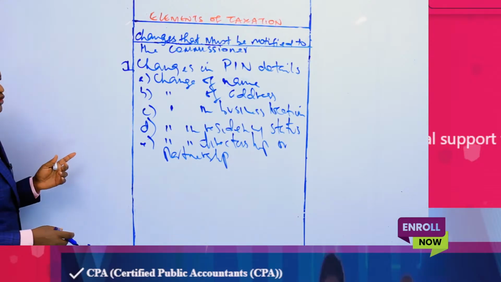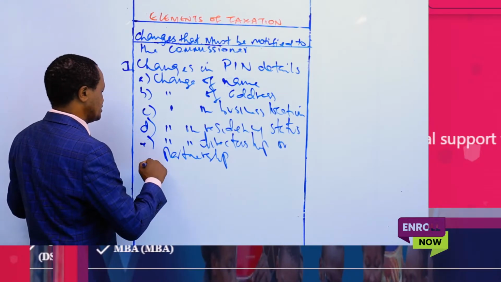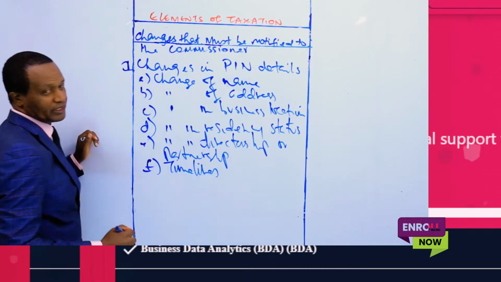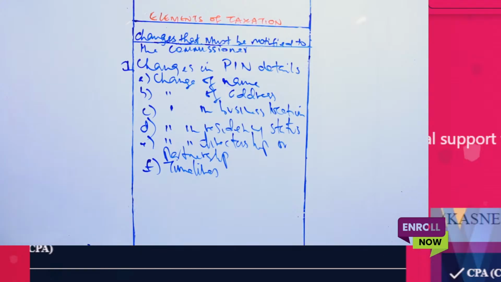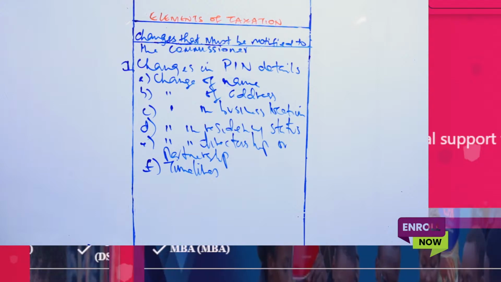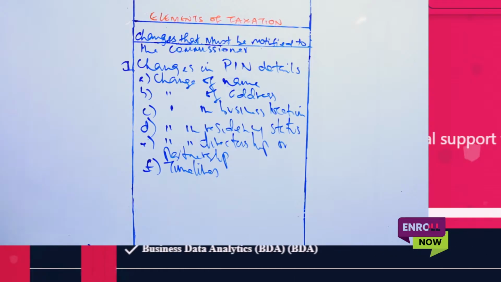Then, of course, we need to mention something in relation to these PIN details, the timelines. What are the timelines? Generally, these changes should be updated on the iTax system within 21 days of the change occurring, and KRA often conducts data cleanup exercises and urges taxpayers to proactively update their details.